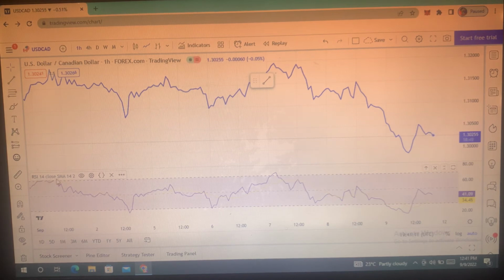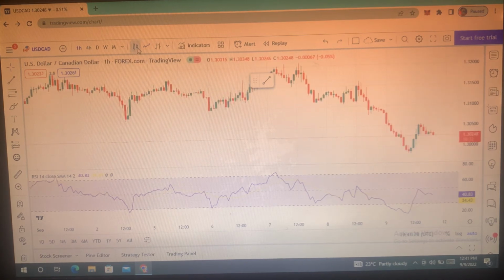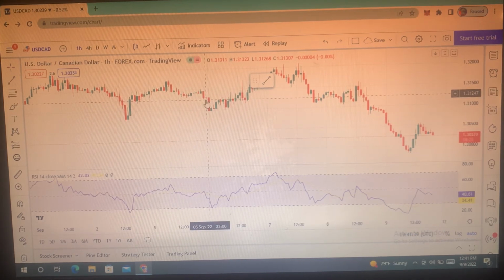This is the 14 close simple moving average. This is the SMA. This yellow line that you see here is the simple moving average. I use the line chart or I use the candles. You can see it's pushing down. This is a very good market though. Okay, so let me continue by showing you guys how to use this.